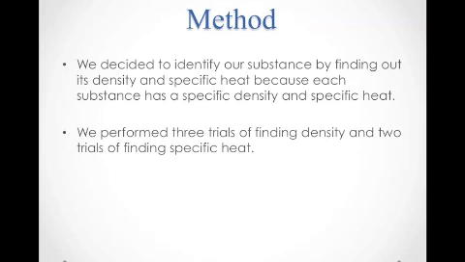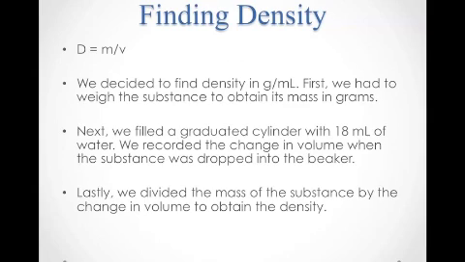So to find our density, we used the formula density equals mass over volume. And we found density in grams per milliliter. So the first thing we did was we weighed the mass of all our little pellets of the mystery metal combined on a balance.